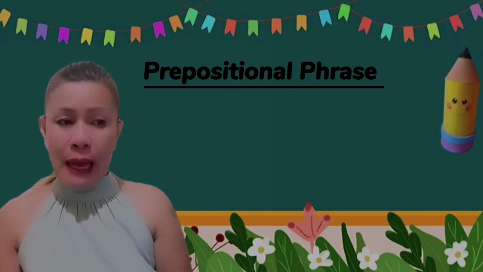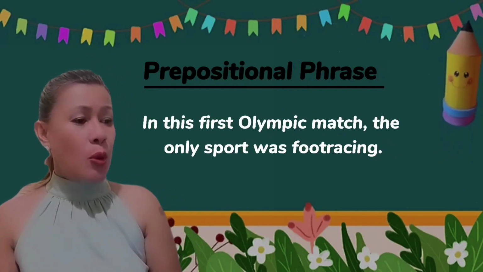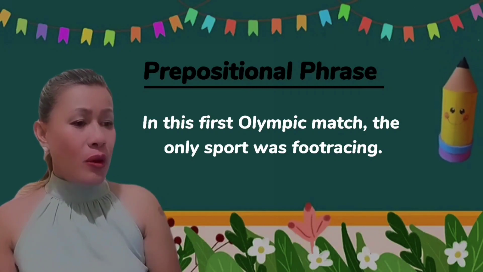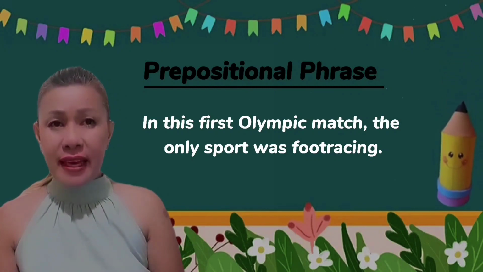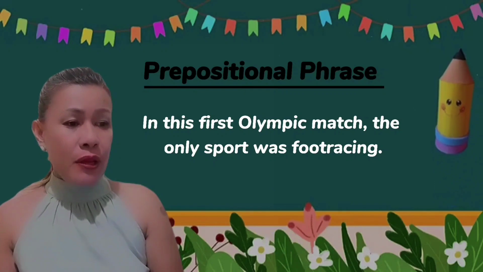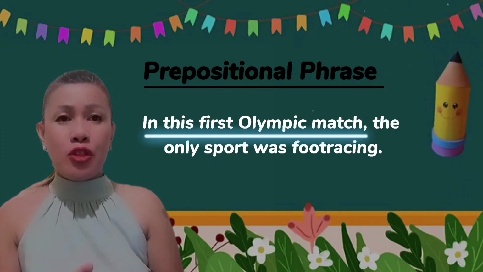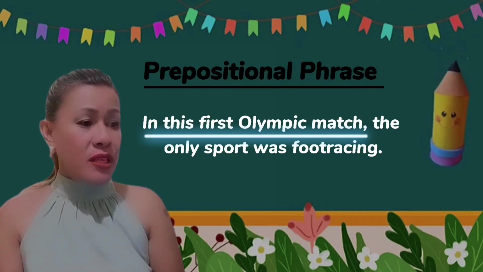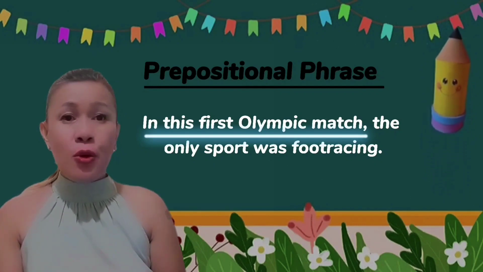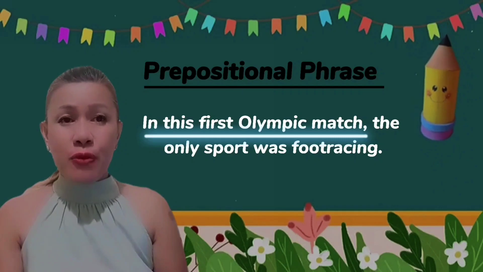So let's take a look at an example. In this first Olympic match, the only sport was foot racing. In this example, "in this first Olympic match" is our prepositional phrase. Notice that it introduces your sentence. It comes first.